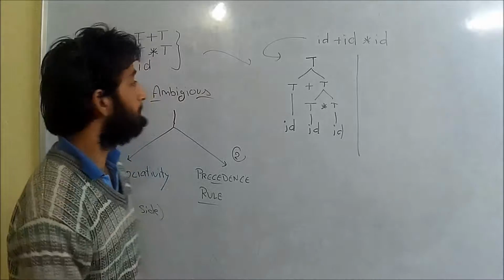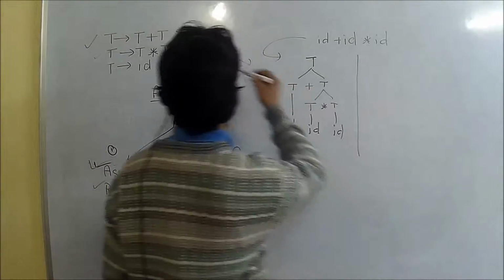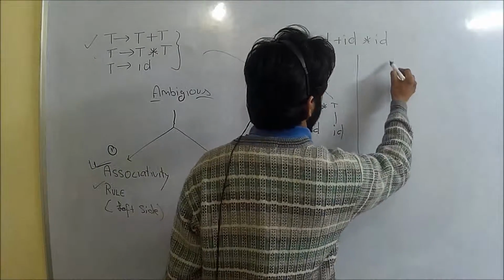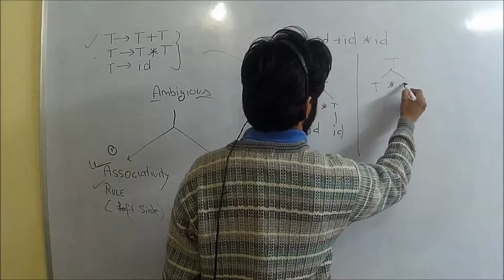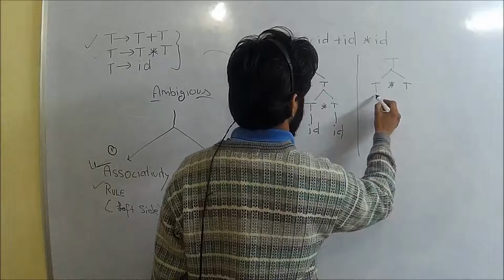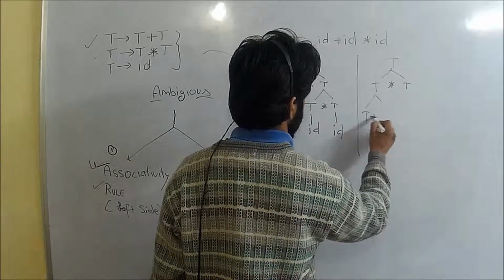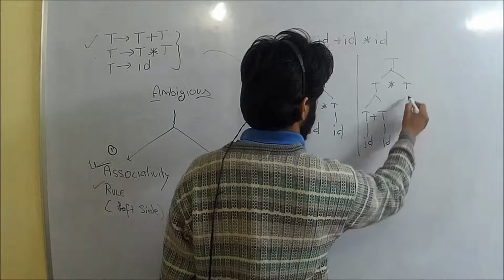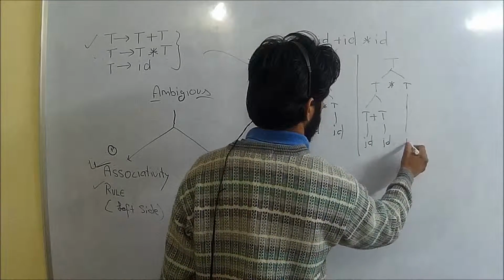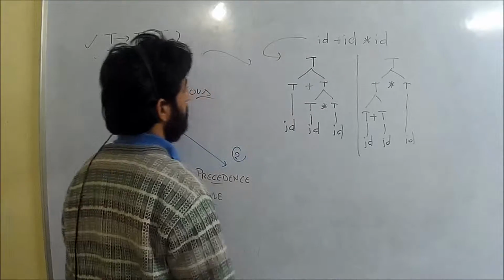One more possibility for the given string using this grammar is that T derives T star T, then T derives T plus T, then id, id, and id.